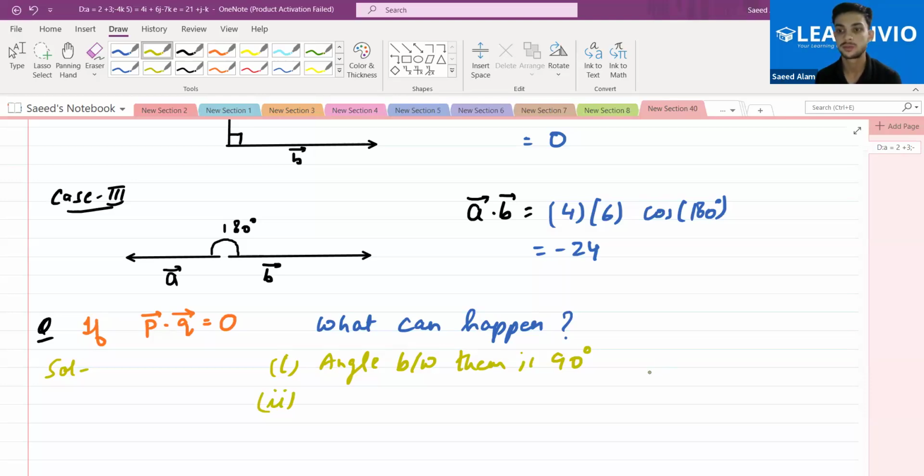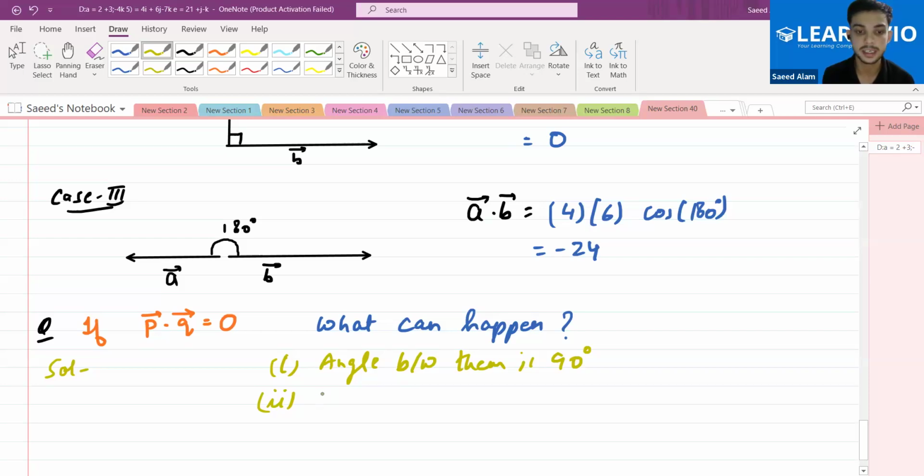Yes, their magnitudes are zero, exactly. If any of P or Q has magnitude equal to zero, what kind of vector will it become? Yes, that is the null vector.